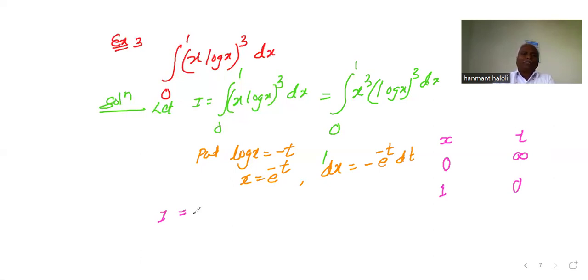here 0 is replaced by infinity, so the integral goes from infinity to 0, and x raised to 3 becomes e raised to minus t, bracket raised to 3, and here minus t raised to 3, dt, again minus e raised to minus t into dt.